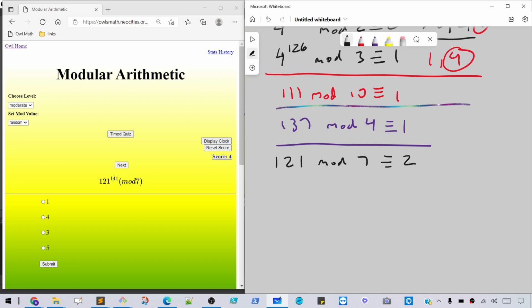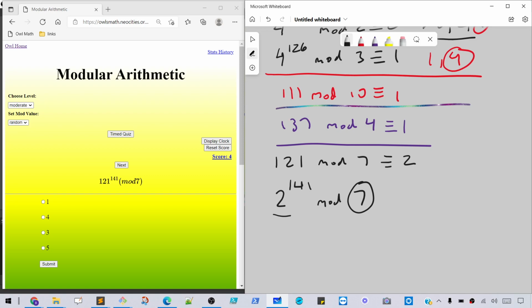So now we have 2 to the 141 mod 7. And now we can use Fermat's theorem, because 7 is prime. And of course, when 7 is prime, 2 has to be relatively prime to it.